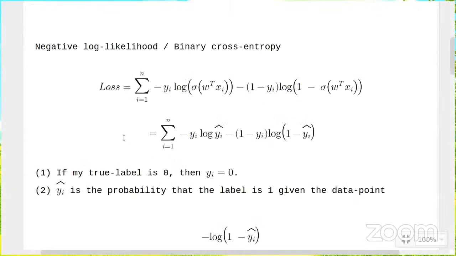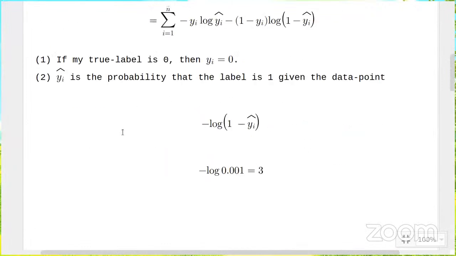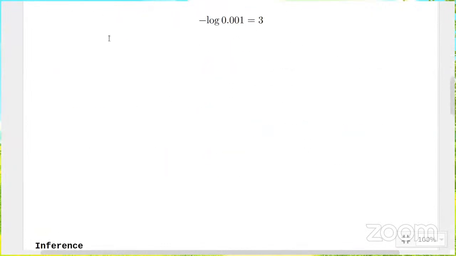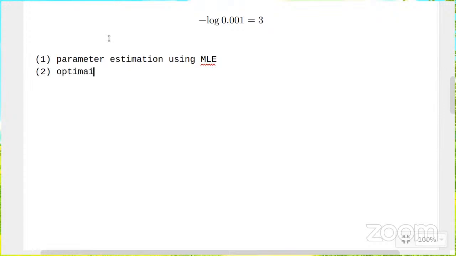So there are two ways to look at it, right? I could either look at it as parameter estimation using MLE, or the other interpretation is you optimize a loss function, say using gradient descent or whatever, right?